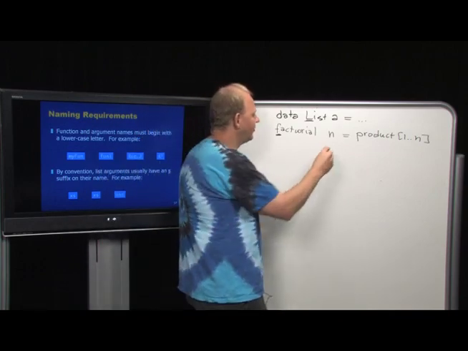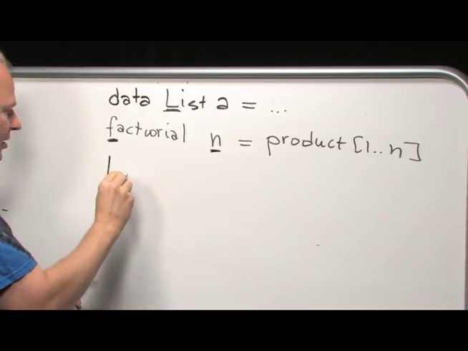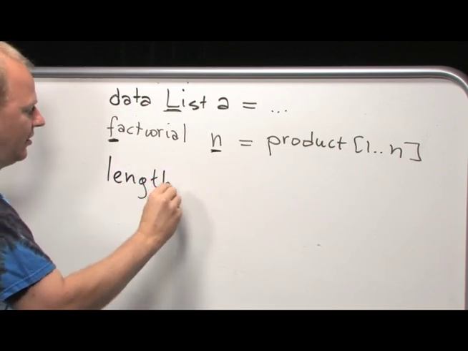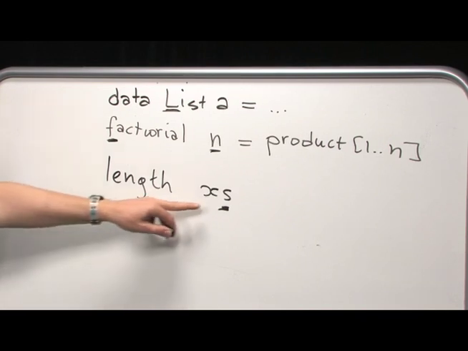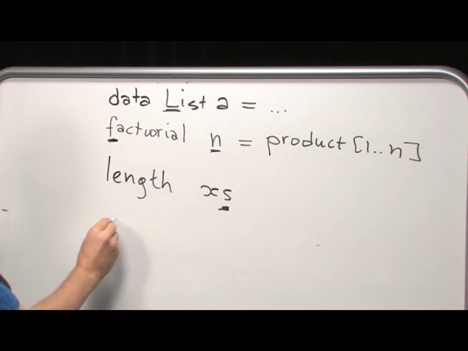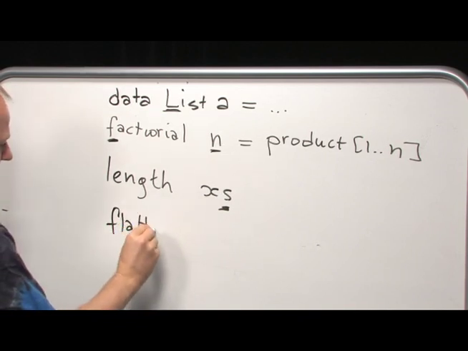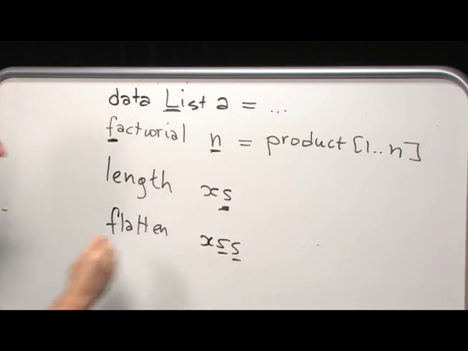So usually when there's a number, you call it n, but when it's a list, you usually call it something that ends with s. So this is like x's, so this is like 0 or more x's. And if you have a list of lists, like if you define flatten, then you write 2 s's. So now you say this is a list of lists, and this would be a list of numbers.